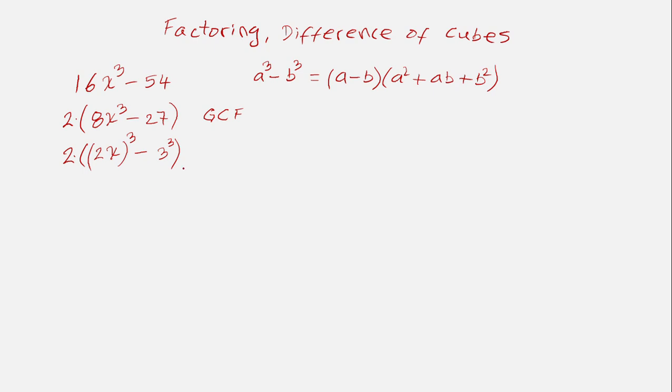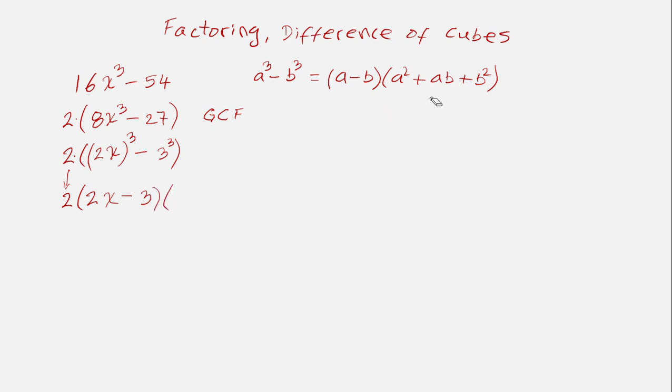If we do, then we would have 2 again, the one that we copied down. And then it says in the formula, first minus second, a minus b. In our case, first is 2x, and second is 3, so it's just 2x minus 3.